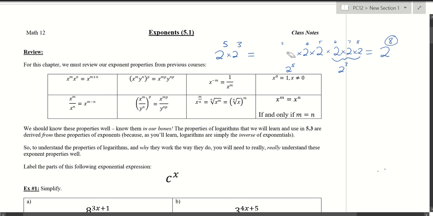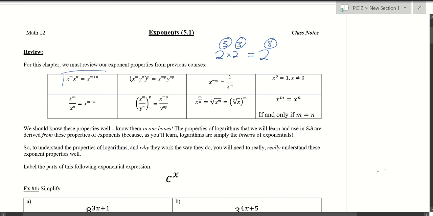So here we can see that the exponent on our final answer is simply the sum of the two original exponents in that product. This is true in general, and it's what we call our product rule.